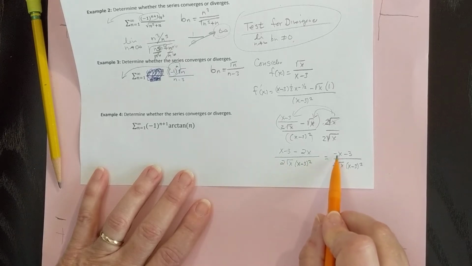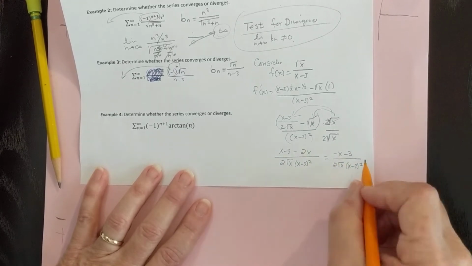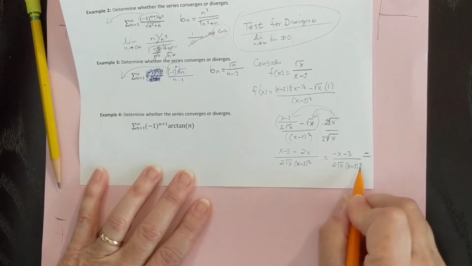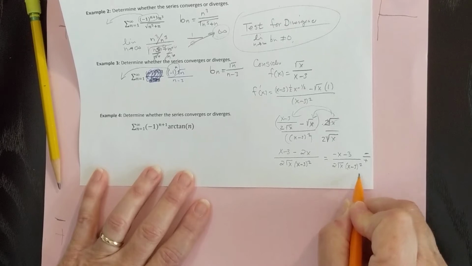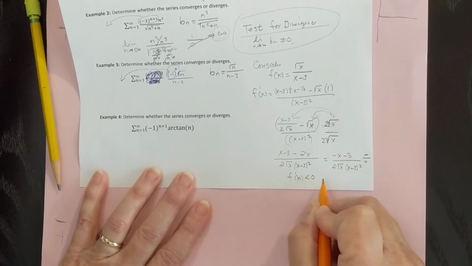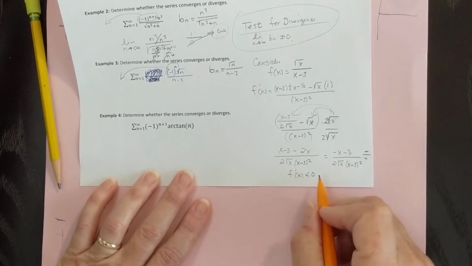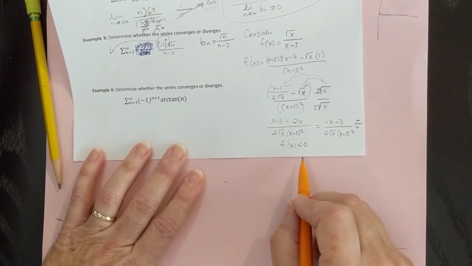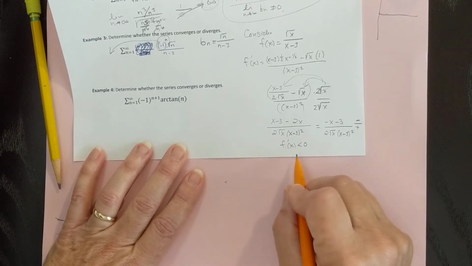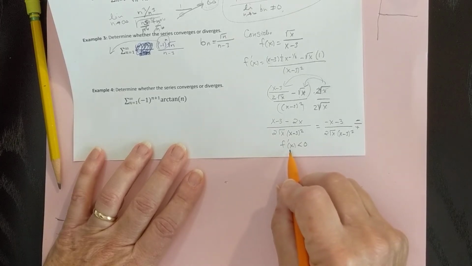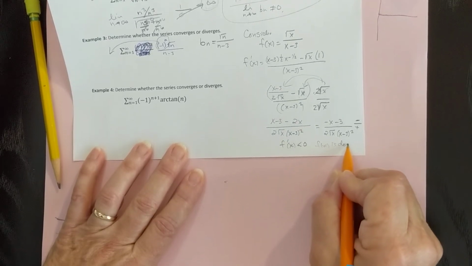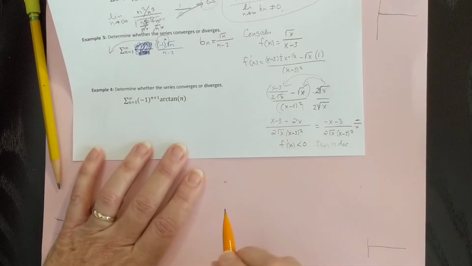The numerator is always a negative number, and in the denominator these are always positive numbers. So this is always negative. So f prime of x is less than 0 for values of x greater than 1, and if this is negative, then f of x is decreasing. So that's the decreasing part.